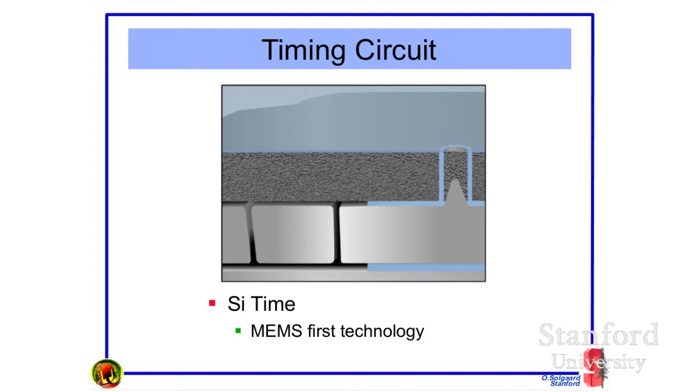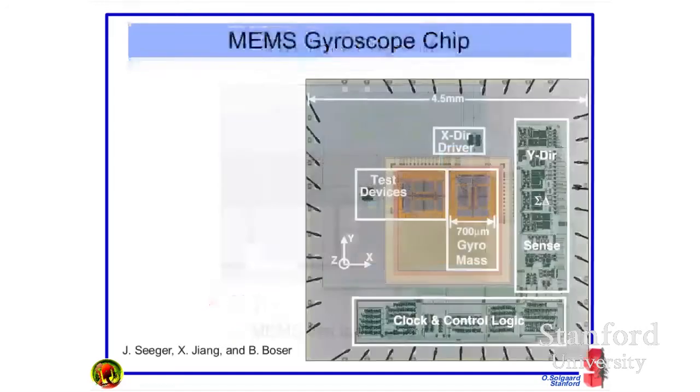If you look at this piece, you can see a cross section here. That is a mass that is suspended on a spring and is being driven at a resonance frequency. I'll talk a little bit more about the resonance frequencies in a second, but that needs to be very, very well defined so that you can get a very good time signal. So this is a mass on a spring, essentially.